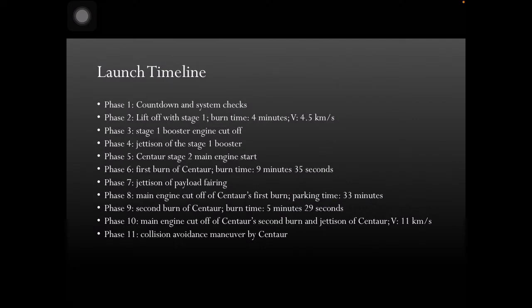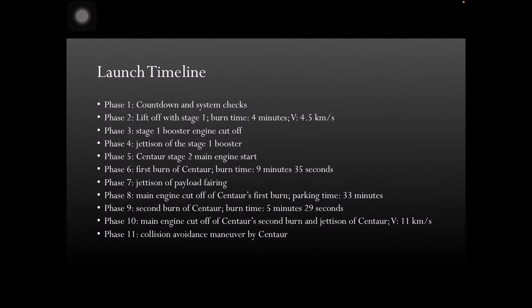Then the remaining launch vehicle will be in a parking orbit, with a parking time of around 33 minutes, after which it will begin its second burn for 5 minutes and 29 seconds.